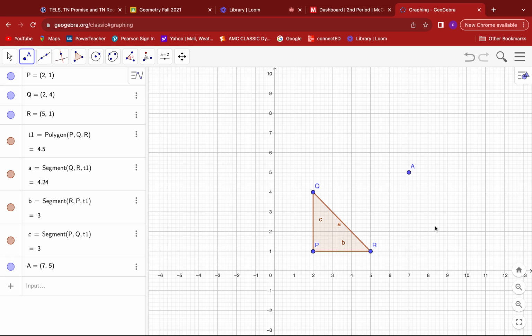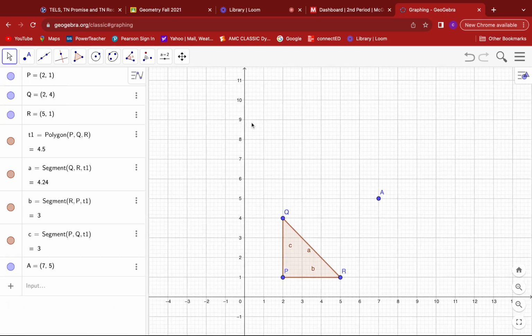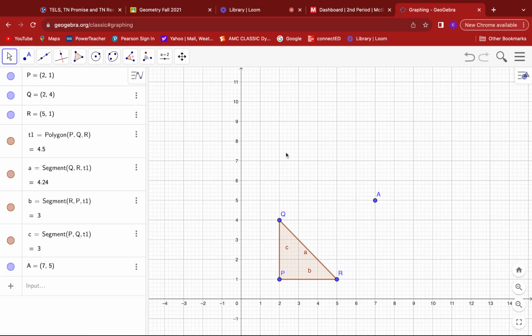So 1 turn, 2 turns makes it directly opposite the pre-image. 3 quarter turns, I'm going to have it sit somewhere right in here. And listen, if you're a visual person, you need to get used to kind of visualizing where it's going to be. Because on any kind of standardized tests on the computer, more than likely they're going to only ask for, okay, maybe what's P prime or what's Q prime or R prime.